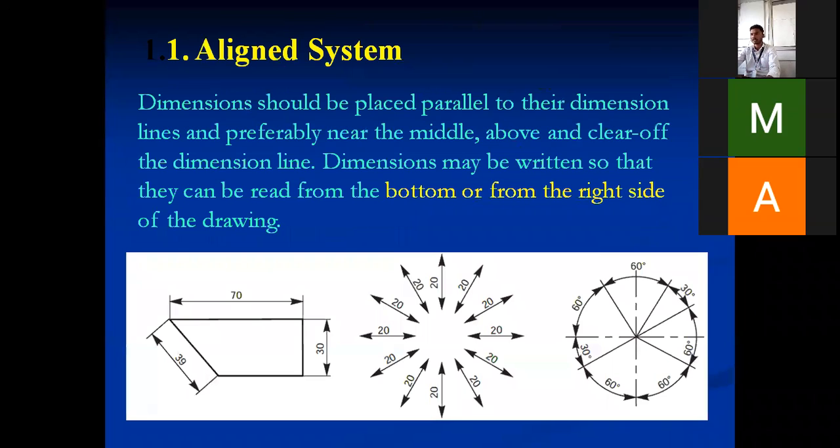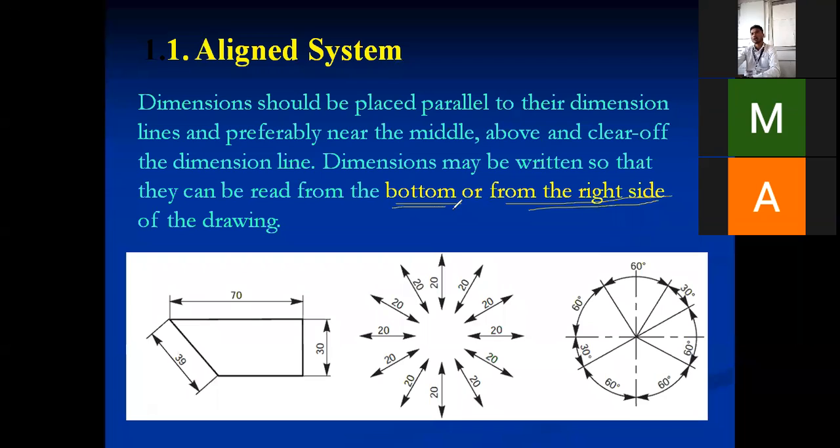So the first one is the aligned system. What is the aligned system? Are you remembering? We can read the dimensions, aligned means inclined, either from the bottom or right hand side.